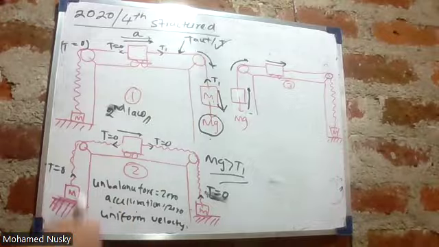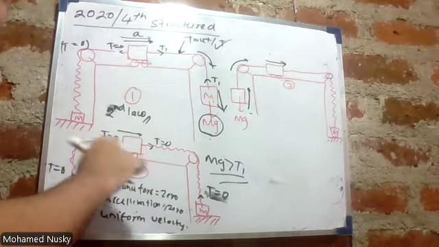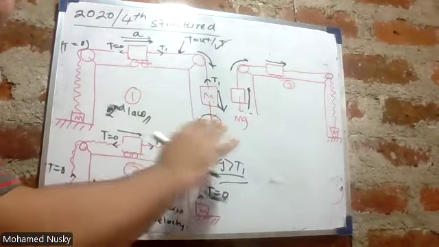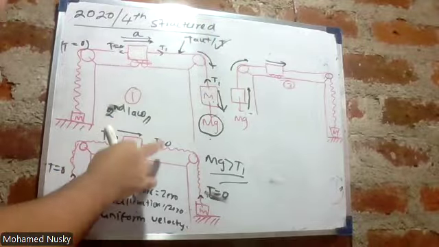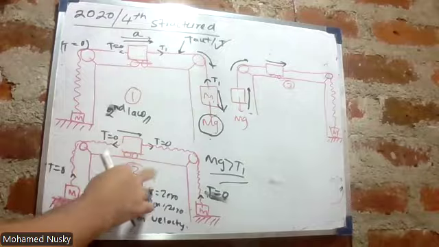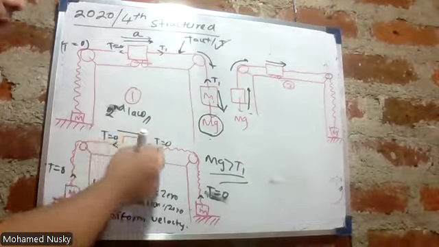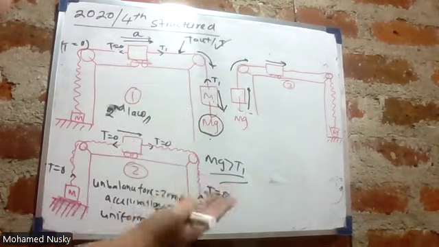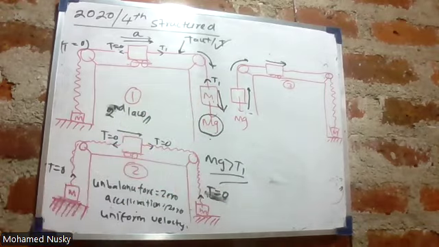So this is Newton's law. What is Newton's first law? An object in motion will be in the same motion until an unbalanced force acts on the object. Here, unbalanced force doesn't act on this object. The force is 0. Because the force is 0, the object in motion will stay in the same motion.